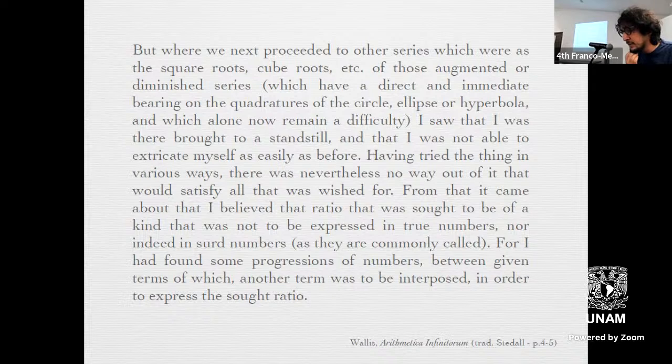But when we next proceeded to other series, which were as the square roots, cube roots, etc., of those augmented or diminished series, which have a direct and immediate bearing on the quadrature of the circle, ellipse, hyperbola, on which alone we made a difficulty, I saw that I was there brought to a standstill, and that I was not able to extricate myself as easily as before.